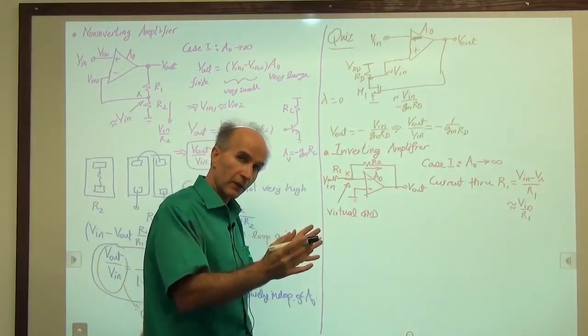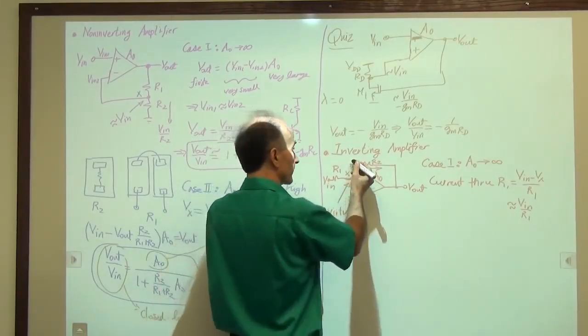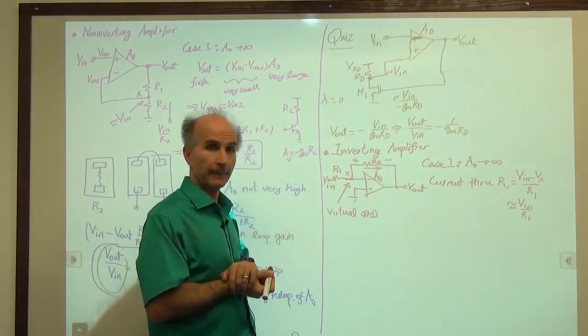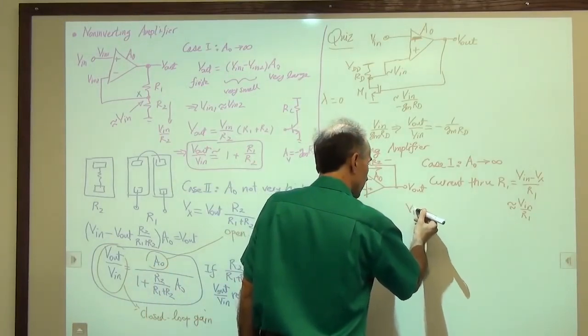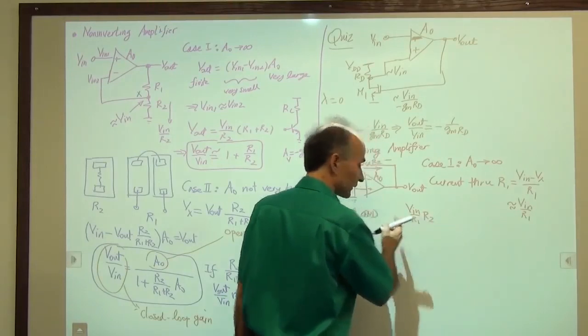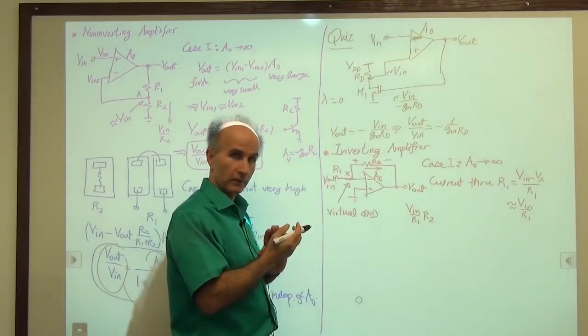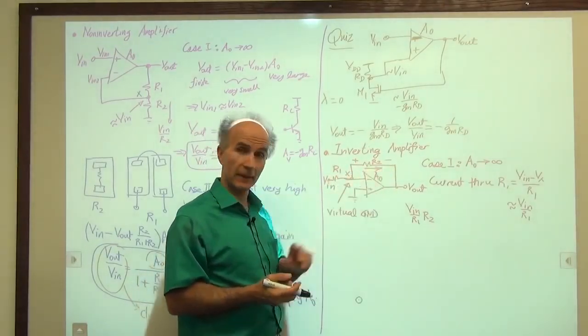If I multiply the current through R2 by R2, I find the voltage drop across R2. So let's multiply V in over R1 times R2. This is a voltage that is sustained across R2, with its positive on this side and its negative on this side.